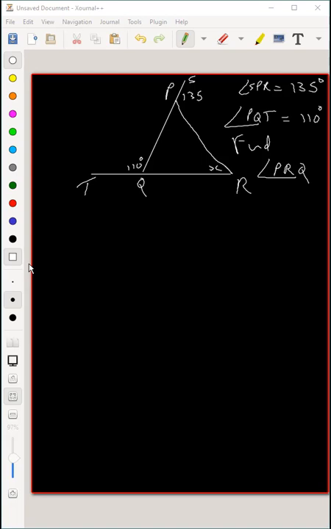Use linear pair properties and angle sum properties to solve it. Naisha, it's correct. Sharan?